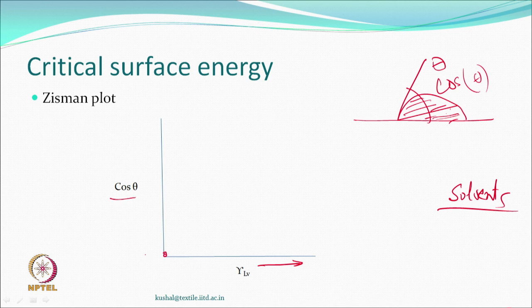So, from 0 value, let us say, to value 1, they got some plots of different solvents. You may not be able to find a solvent which will give you complete spreading very easily, but whenever you approximately find it by extrapolation or otherwise, that is what they called critical.